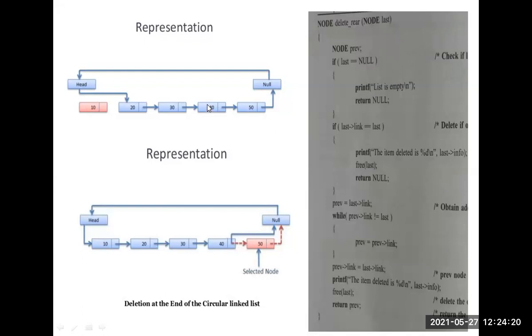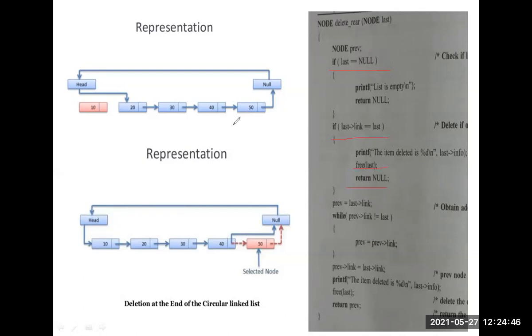For that purpose, I am considering one loop. See the conditions here. If last equal to null, you already know the list is empty. If the last of link contains last, which means there exists only one node, you directly free node last and return null.